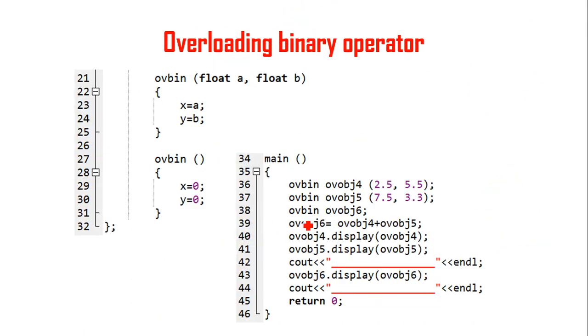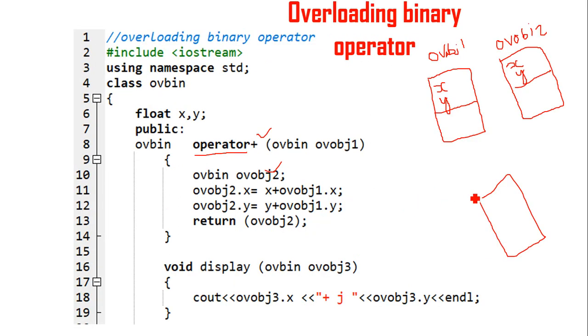The calling object here is main OBJ4, and we will call it object 5. The calling object is object 5, and this object 5 also has x and y.